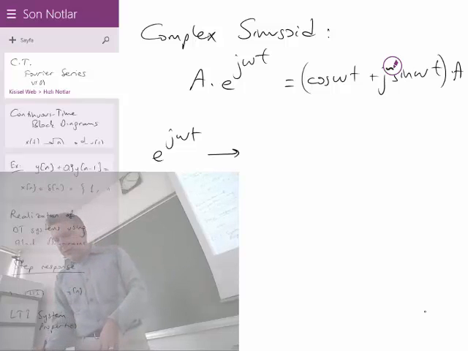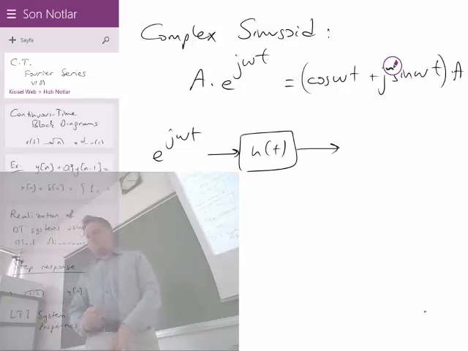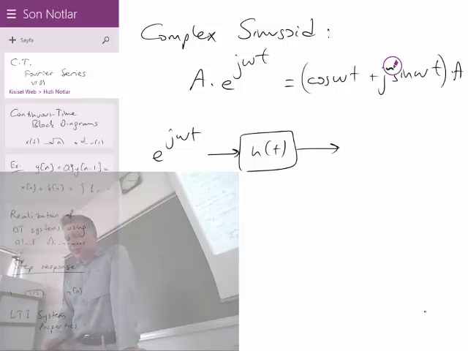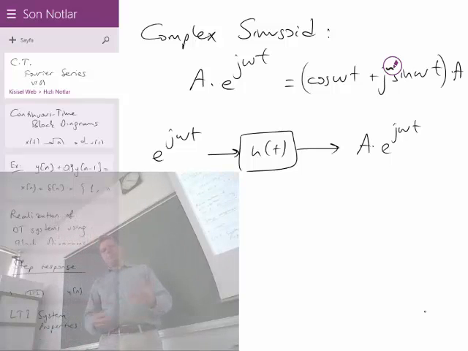Suppose that this sinusoid goes into a linear and time invariant system with impulse response h of t. What will be the output is the question. And I claim that the output is the same complex sinusoid scaled by a factor. It is just scaled, but it goes out the same.